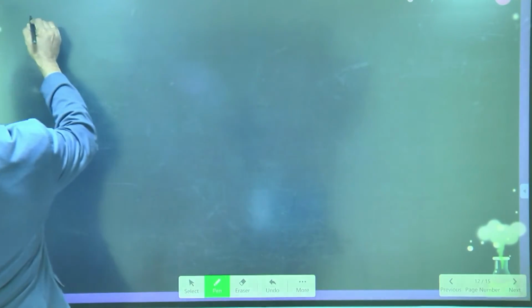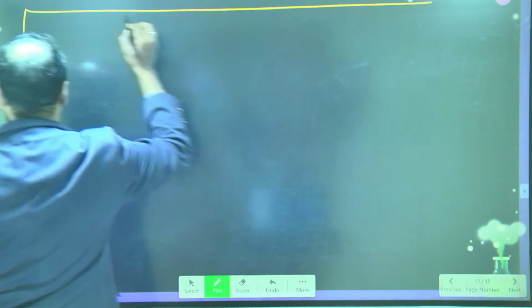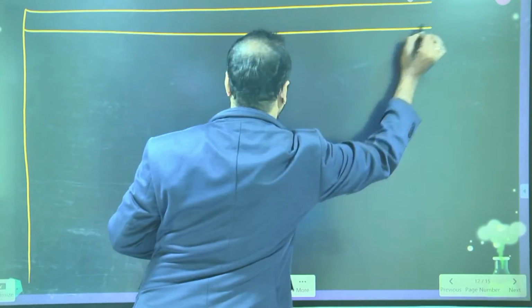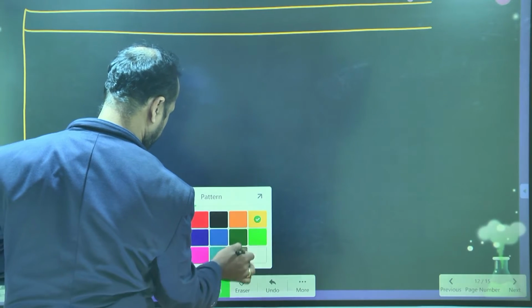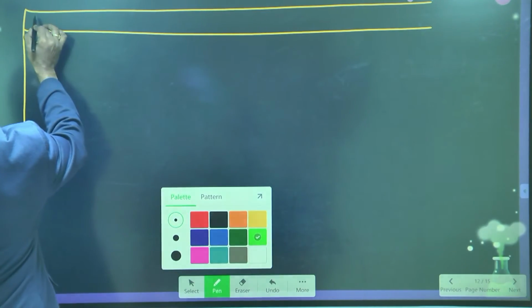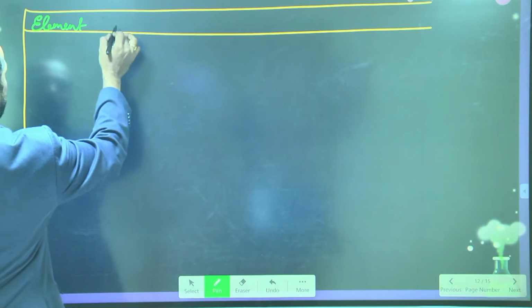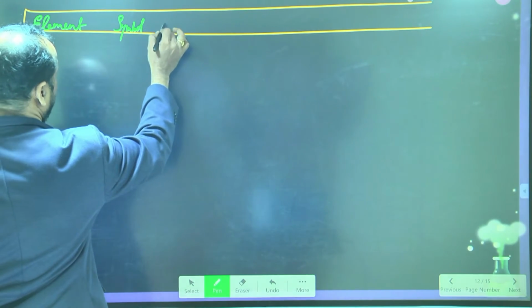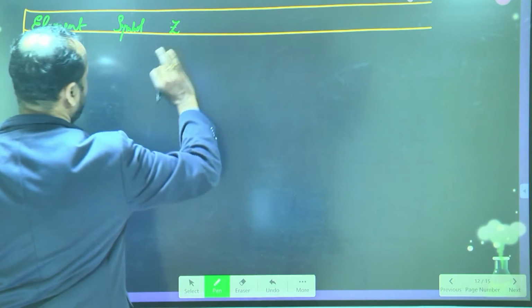You make some columns here. First you write element, then you write the symbol, then you write the atomic number, that is Z. Z means atomic number.